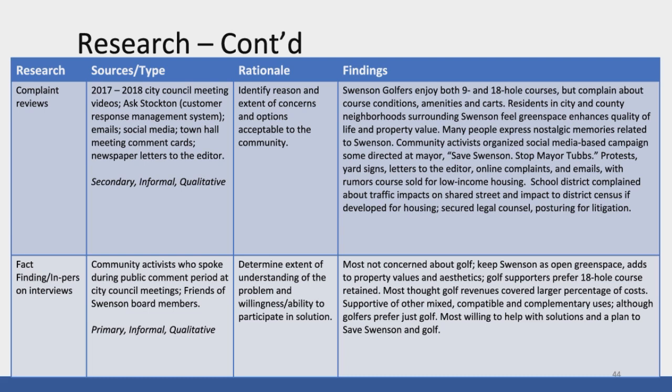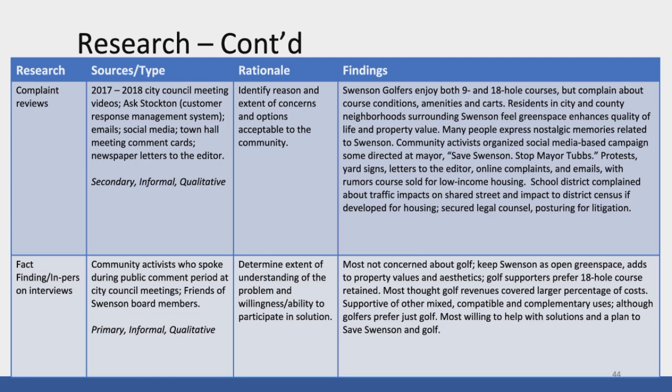We looked at complaint reviews. This looked at social media, town hall meeting comment cards, and emails. We wanted to look at the extent of the concerns and what were acceptable options for people who are complaining about this issue. Golfers basically were not a huge component of those complaining, and it was mainly the people in the surrounding neighborhood complaining about the loss of green space if the course were used for something else.